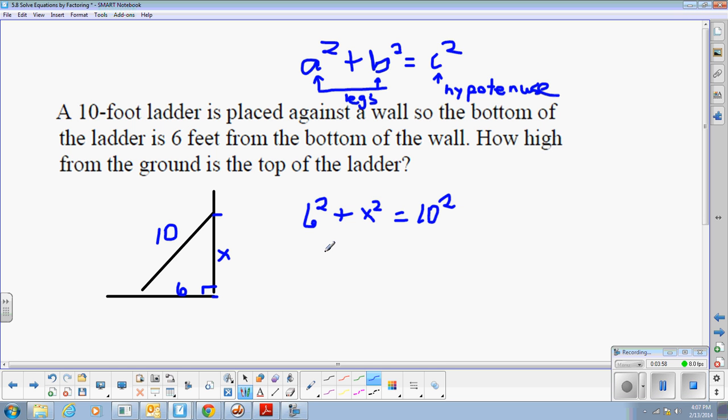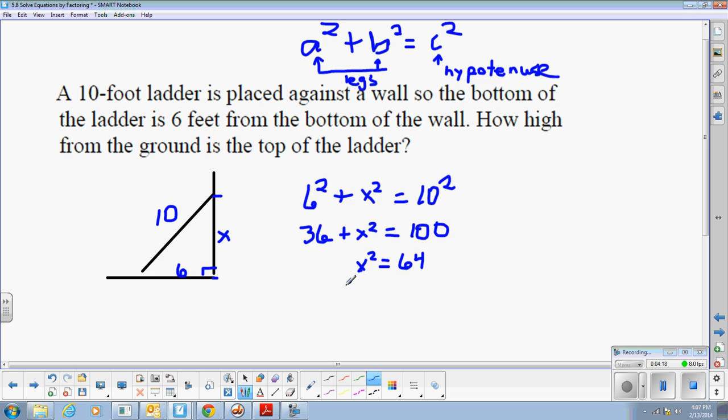Okay, and now I'm going to just solve for x. I have 36 plus x squared equals 10 squared, which is 100. I'm going to get x by itself, so I'll subtract 36 from both sides, and x squared equals 64. How do I find the answer when I'm supposed to find x squared? What number times itself?